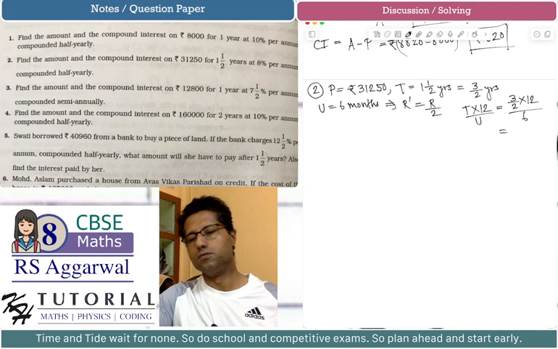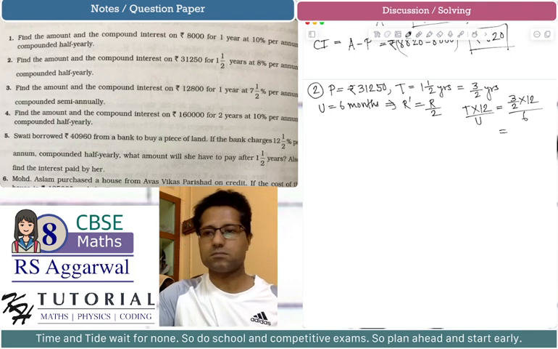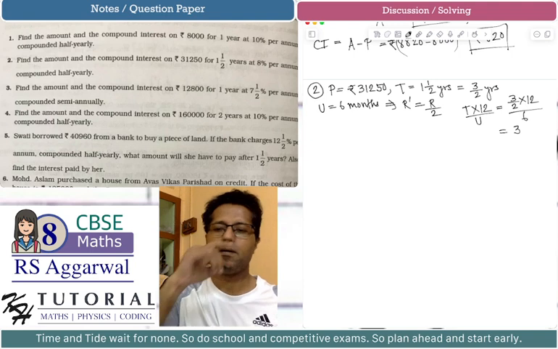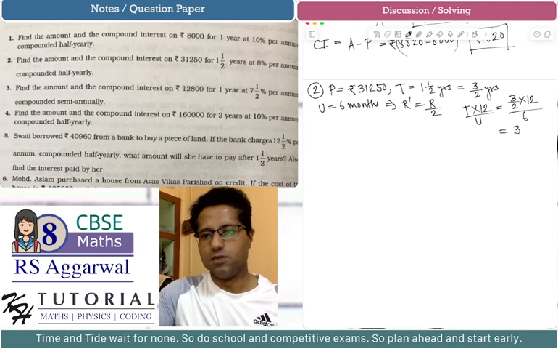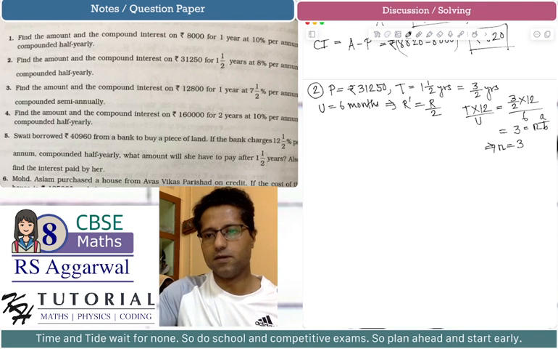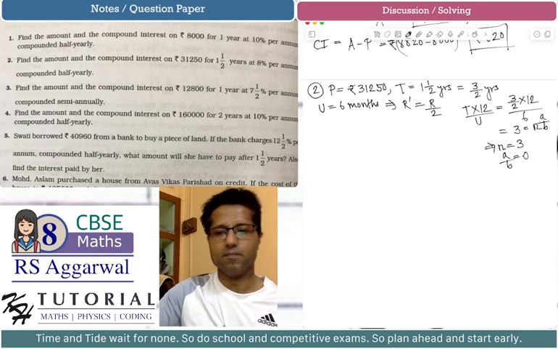This is equal to 3. Now, so this will be equal to the mixed fraction n and a by b. So this implies n is equal to 3 and the fraction a by b is equal to 0.